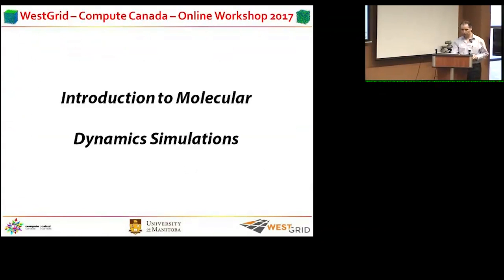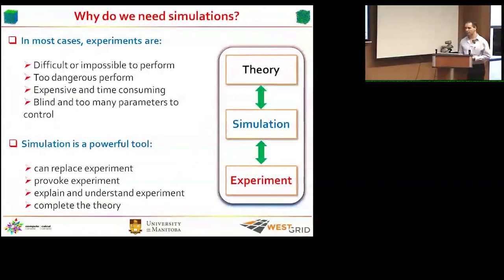Now we start with the first part, which is introduction to molecular dynamic simulations. So the first question, why do we need simulations? So the obvious answer is we cannot do all experiments, because sometimes they are impossible to perform, sometimes they are too dangerous to perform, depending on which subject.